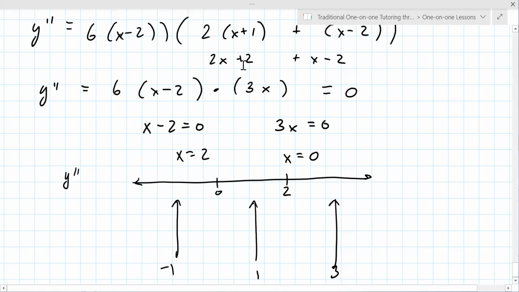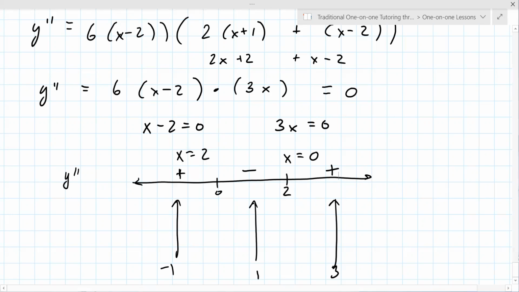That's -1 minus 2, that's a negative, times a negative, so positive. 1 minus 2 is a negative times positive, so negative. And then 3 minus 2, positive.